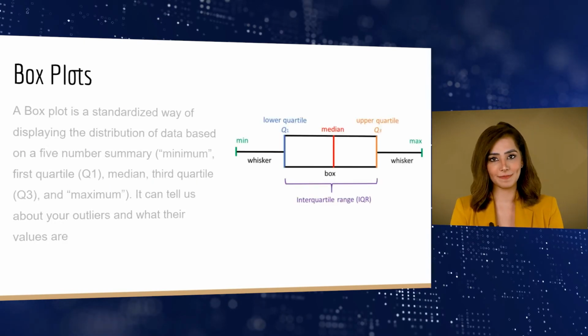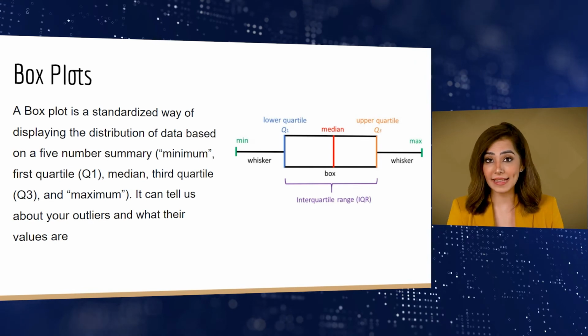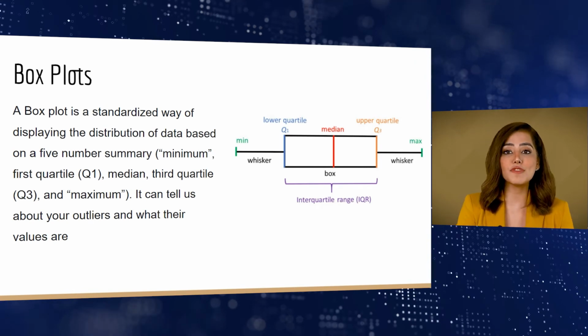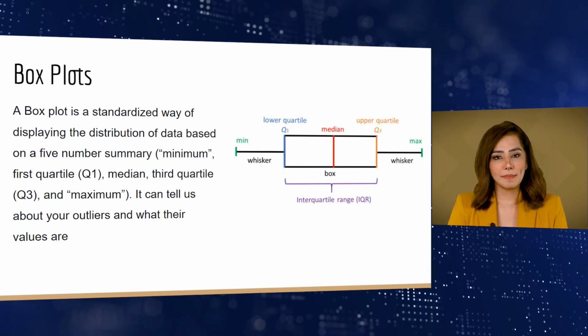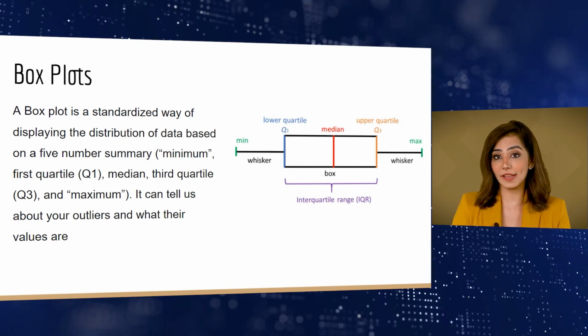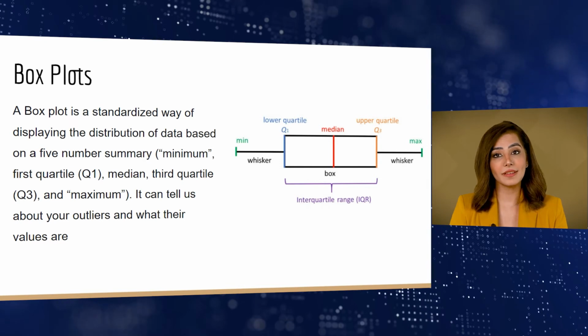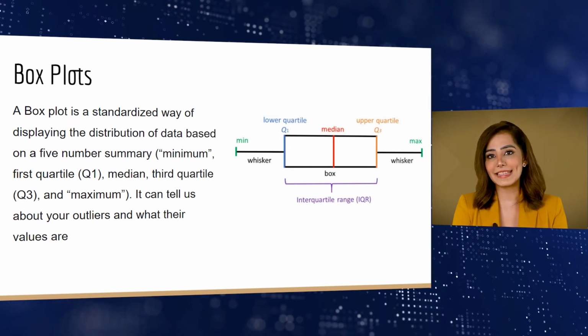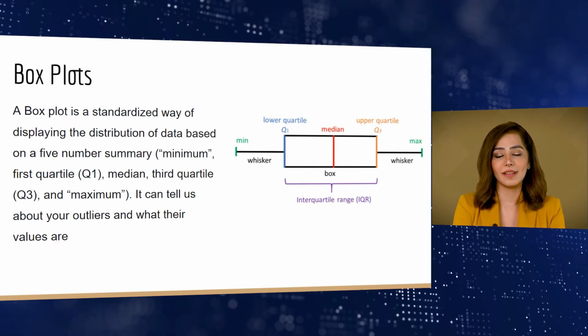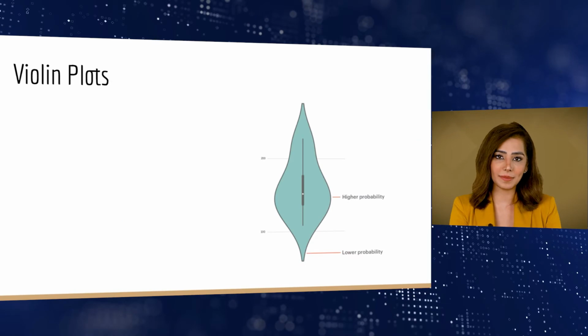Box plots. A box plot is a standardized way of displaying the distribution of data based on a 5-number summary: minimum, first quartile Q1, median, third quartile Q3, and maximum. It can tell us about your outliers and what their values are. And at last, violin plots.